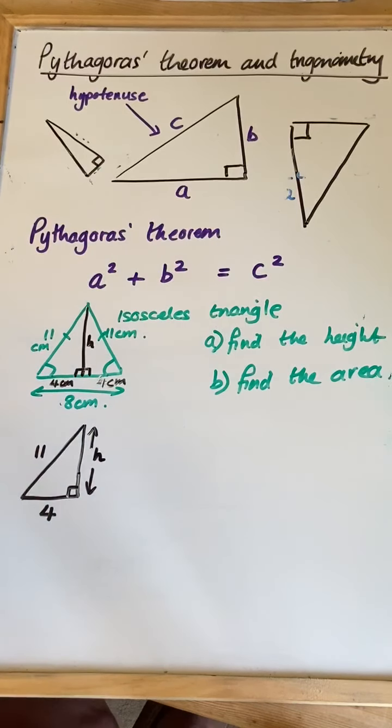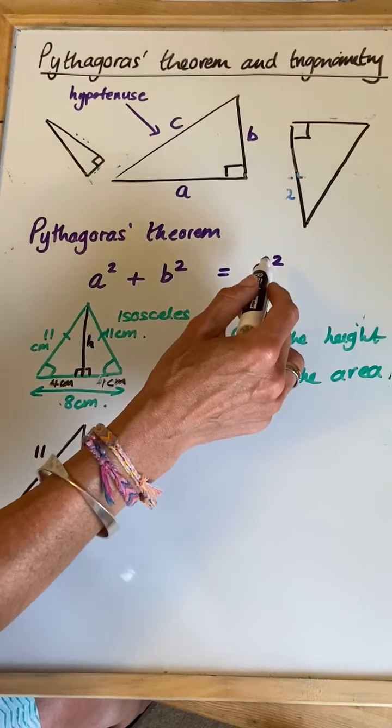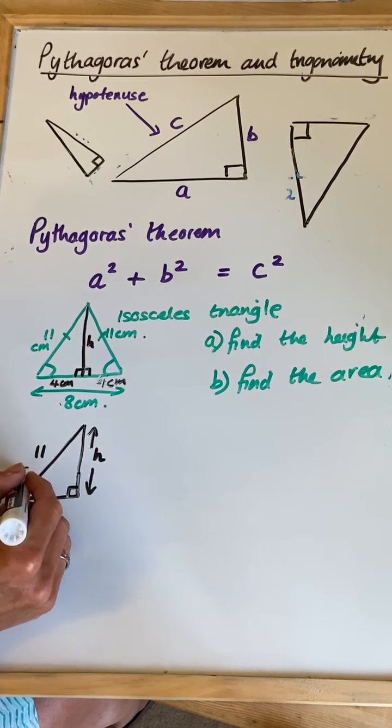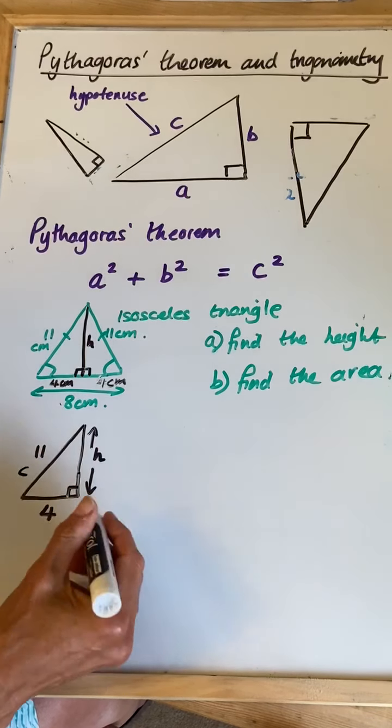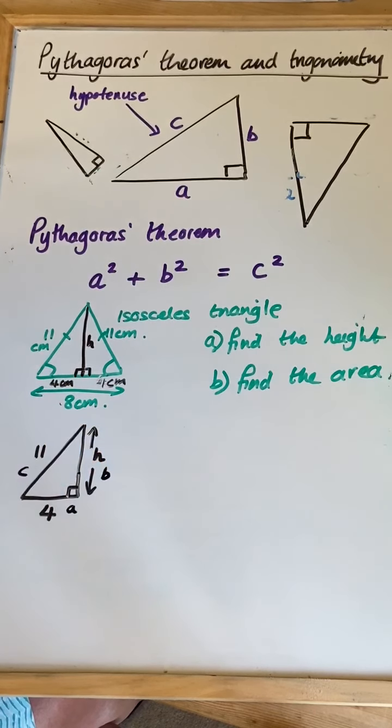So what I've got to think about here is which ones are my A's, B's and C's from Pythagoras' theorem. Well, the C is always the hypotenuse. So the hypotenuse here is my 11, which is C. It doesn't matter which way around the other two go, the A and the B. So I'm just going to put them in like that.